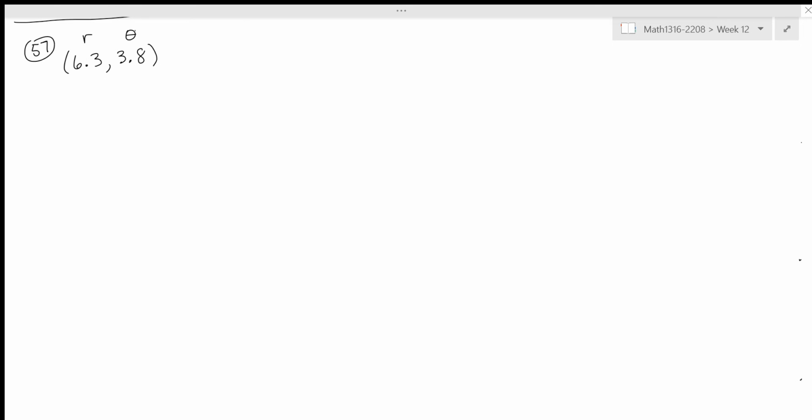Will we ever have a question where it's radius and degrees? Yes, we do. But what I'm trying to tell you is if there's no degree symbol, then that's understood to be radians. Sometimes they might give you 38 degrees, and then it's degrees, but they're going to have the little circle.